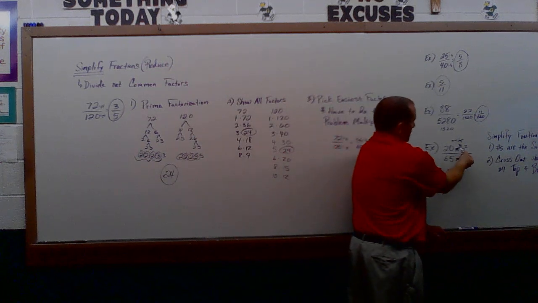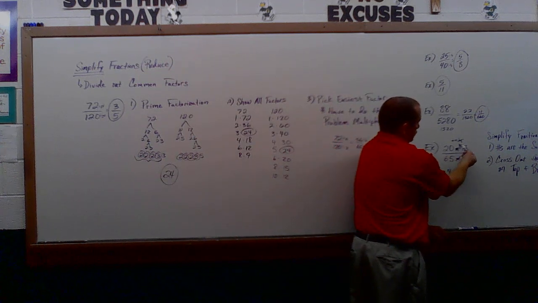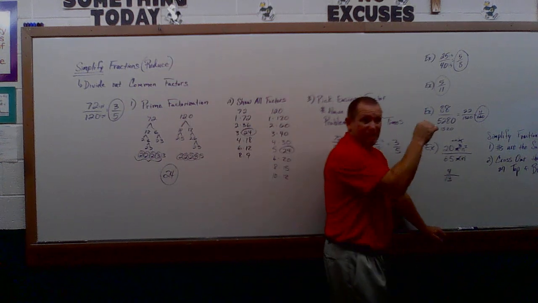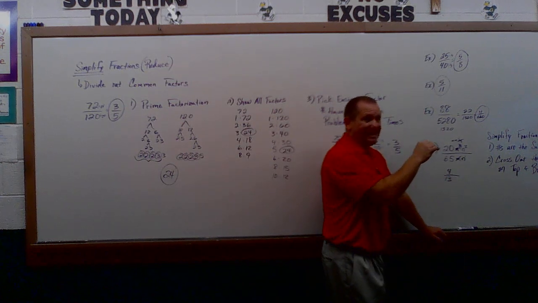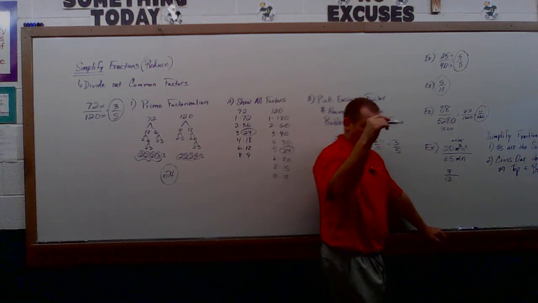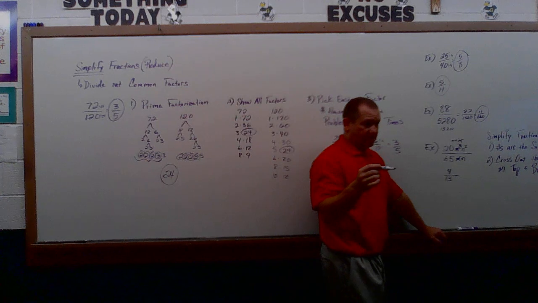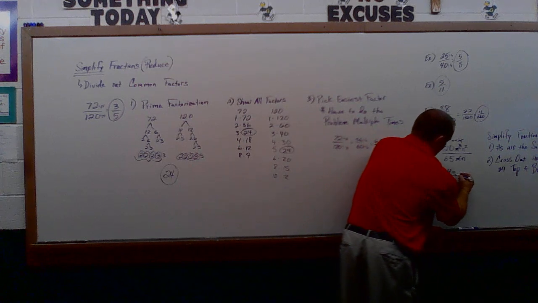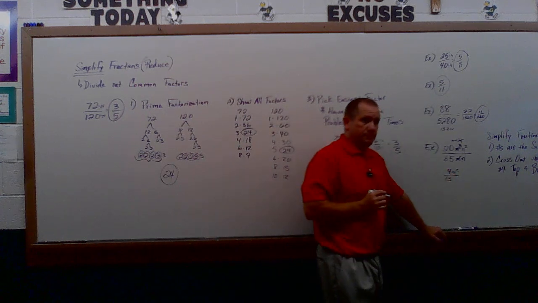So in this one, the variable m cubed is bigger than m to the first, so my m's better end up on the top of my fraction. I can't just put them wherever I want. They have to go wherever the bigger exponent was at the beginning. That makes sense? Kind of a weird way of saying it. All right? So we have m squared on the top.